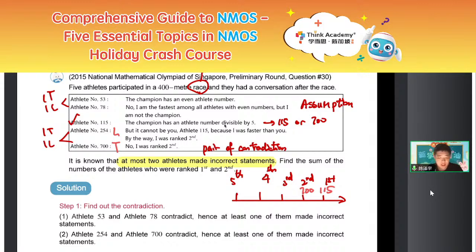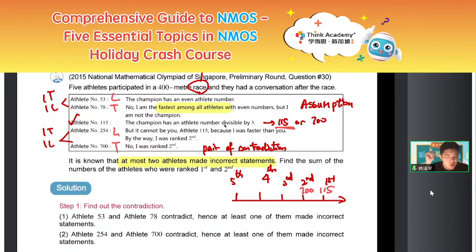But now let's take a look at the 53 and 78. All right, 53 says, well, the champion has an even athlete number. Because we assume 115 to be our champion, right? Then 53 will not be telling the truth. And 78 will somehow be telling the truth. 78 says, no, I'm the fastest among all athletes with even numbers, but I'm not the champion, guys. Does this work?